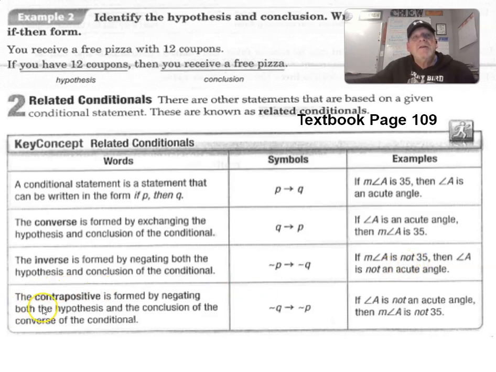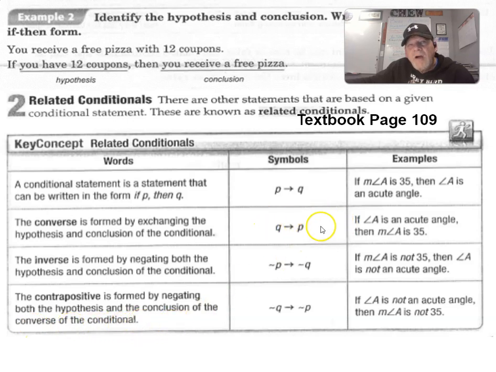The last related conditional is the contrapositive. Here's the vocab meaning. The contrapositive is formed by negating both the hypothesis and the conclusion of the converse of the conditional.